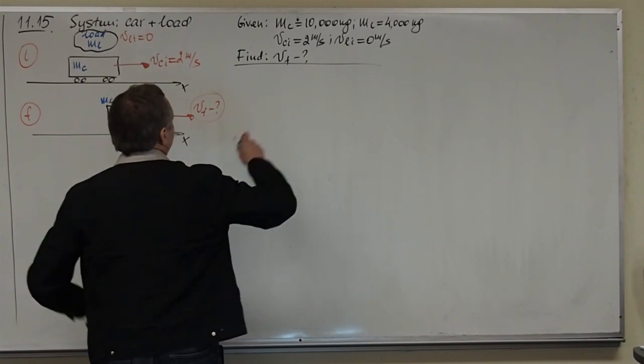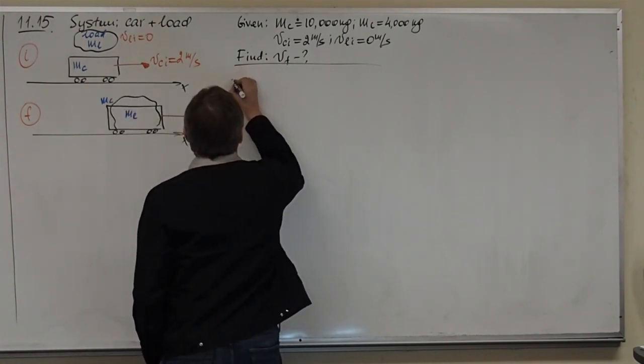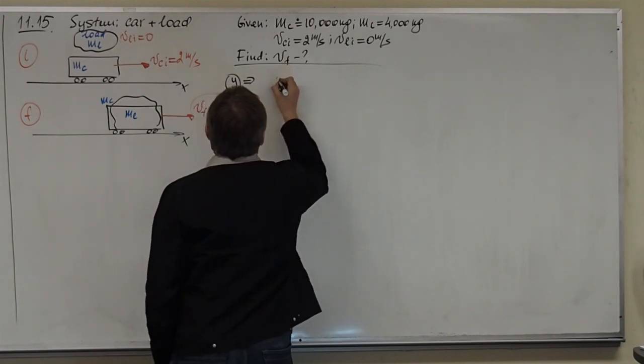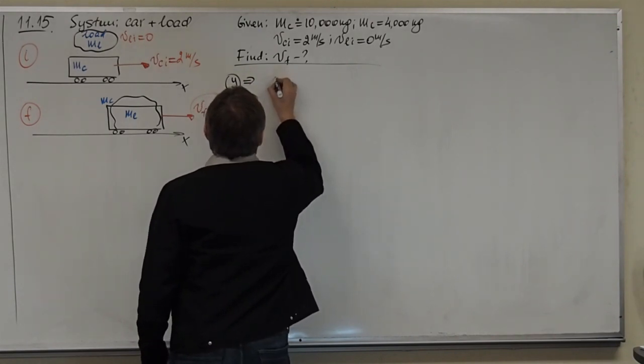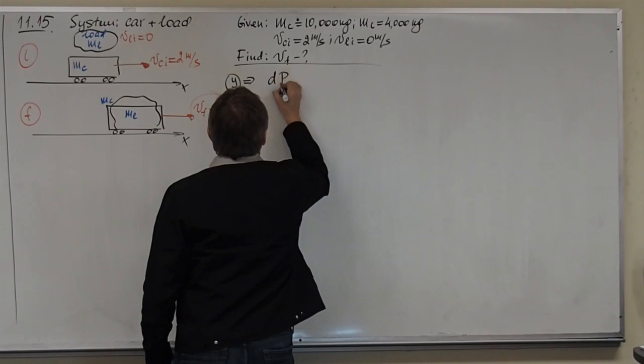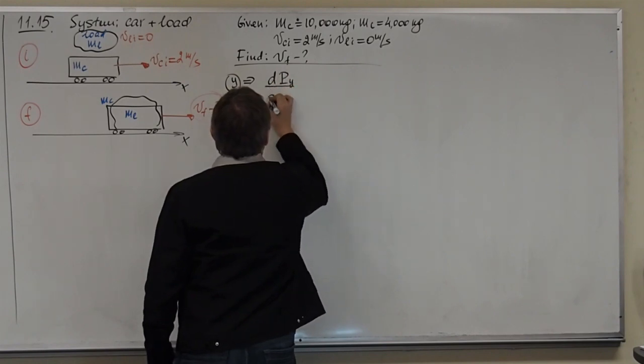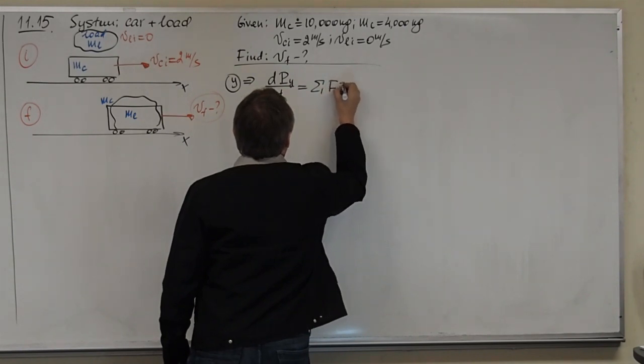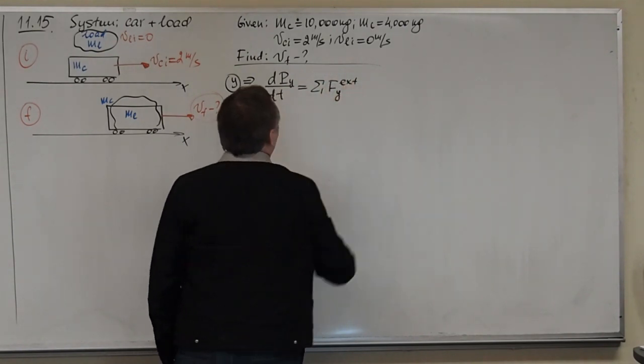So let me start first with the y direction. The rate of change of the total linear momentum in the y direction equals, of course, the net external force in the y direction.